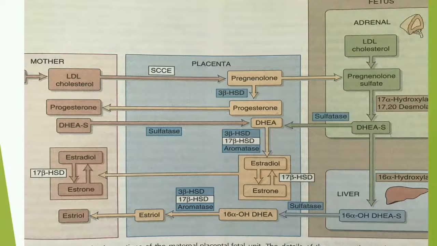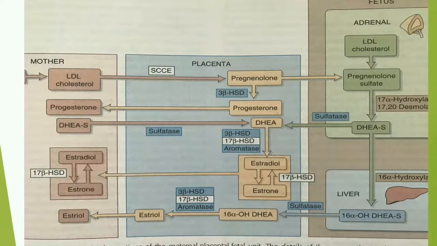The growing fetus adrenal gland is able to convert this pregnenolone in its sulfate form to what is known as dehydroepiandrosterone. If you remember, any hormone during the growth of the fetus is very crucial, the amount is very crucial for the development of its external and internal genitalia. So in this, DHEA is converted into a sulfate form, which is an inactive form.